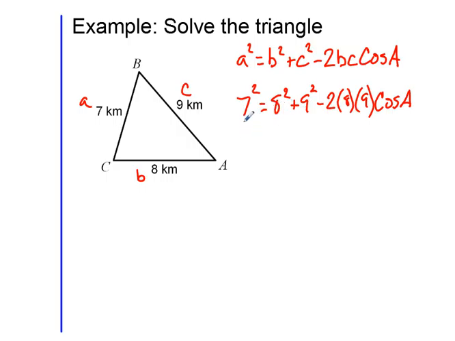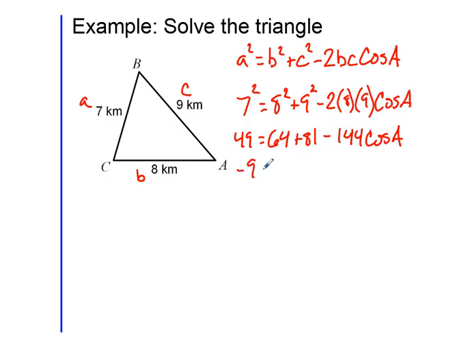Let's work out the exponents first, and I come up with 49 is equal to 64 plus 81 minus 144 times the cosine of angle A. Let's subtract from 49 the 64 and the 81.